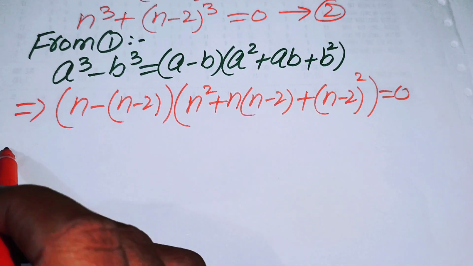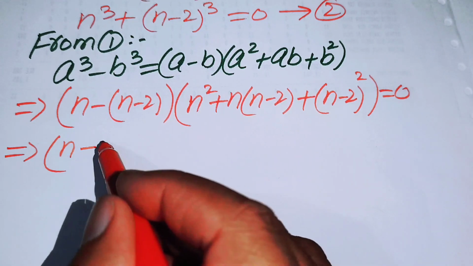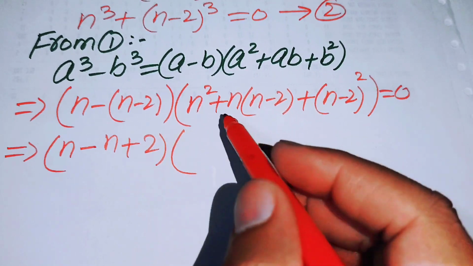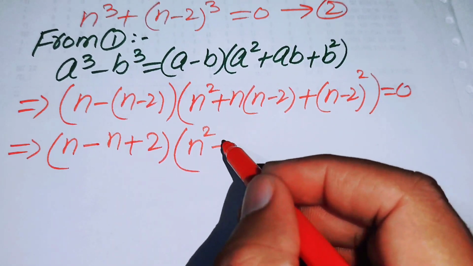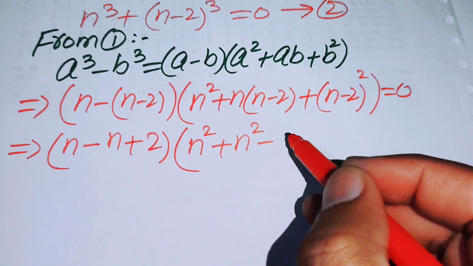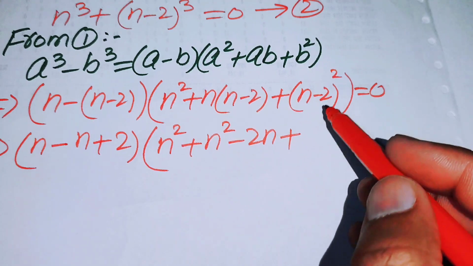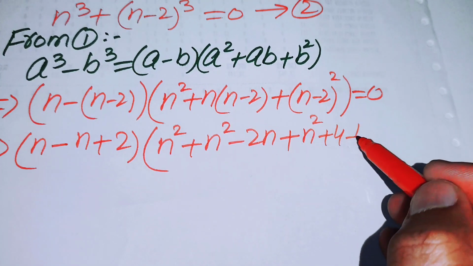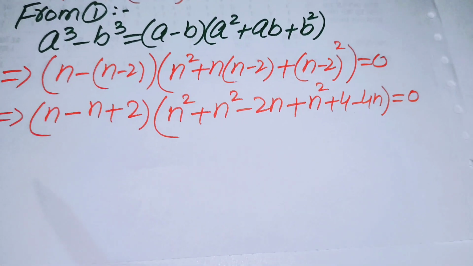So now I can simplify the terms, and now we multiply this minus sign on both of the terms, and you will get (n minus n plus 2) into, now we can simplify this factor and you will get n squared plus n squared minus 2n plus, here we can open this square and you will get n squared plus 4 minus 4n, and this whole equation is equal to 0.